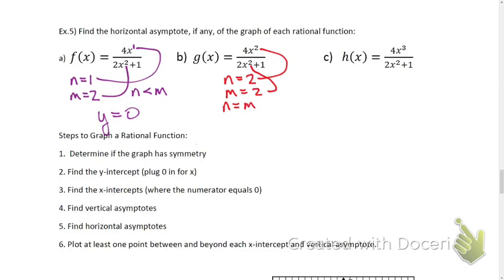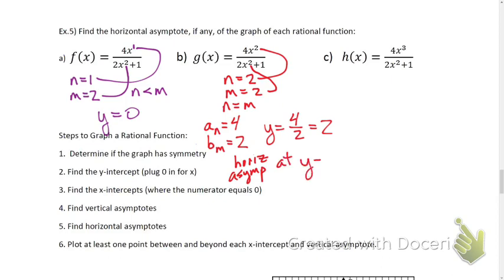We need to write down the coefficients. I know the front number up top is 4, and the front number on the bottom is a 2. So when I put those into an equation over each other, I can reduce it down to 2. So that means I have a horizontal asymptote at y equals 2.